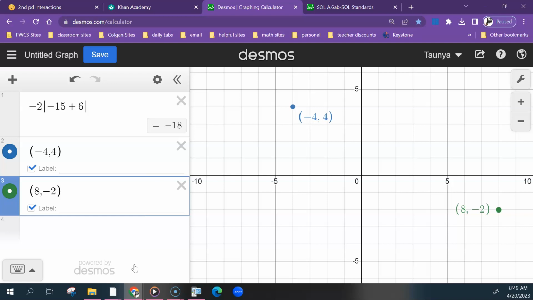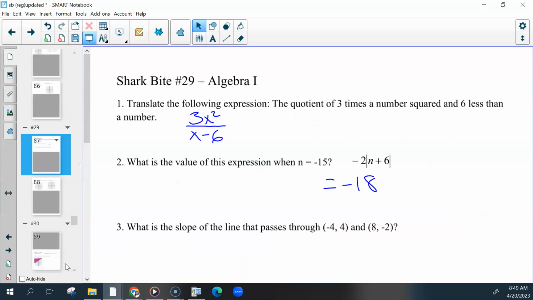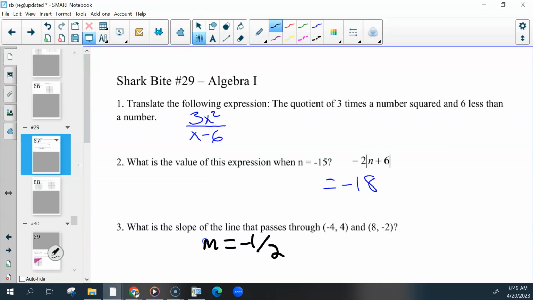I definitely counted that. It's 6 and 12. So that would be negative 1/2 because you're going down 1. If I were to draw in a line, my slope would be negative 1/2. Questions on those?